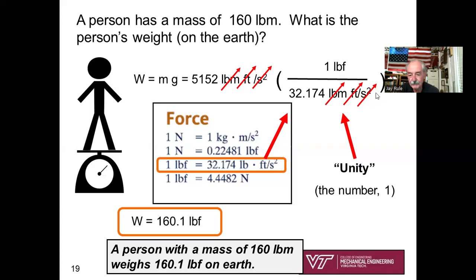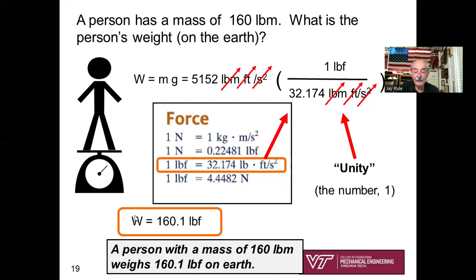All three of these terms are going to cancel, and so now you're ending up with 1 pound force. So there's my unity trick that has paid off for me. When I tried to do it in my head as a student, I failed miserably. So I learned in practice that I still need to write this out.